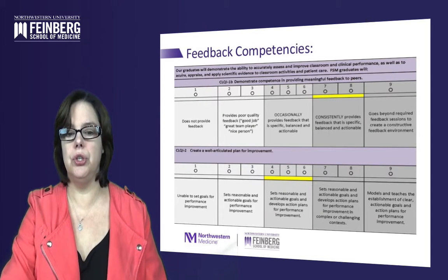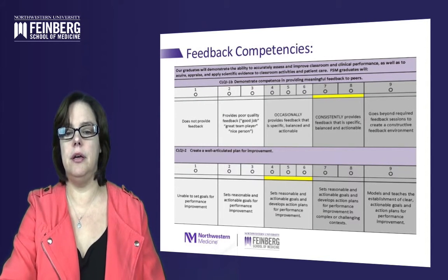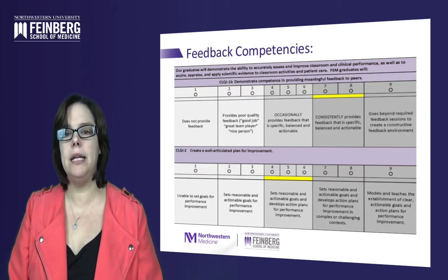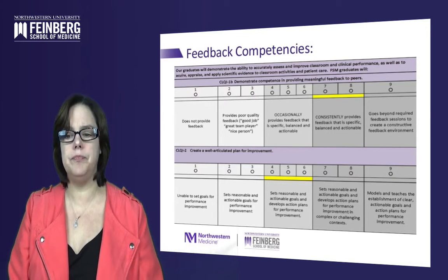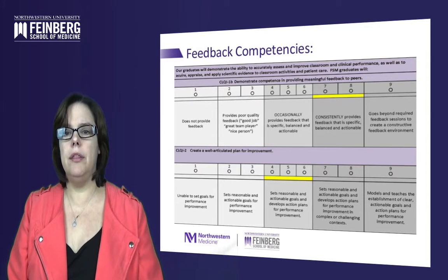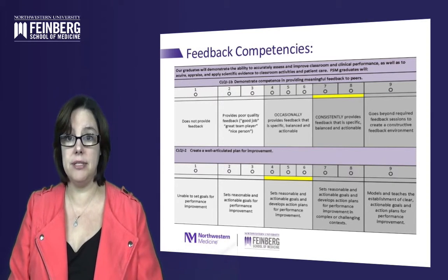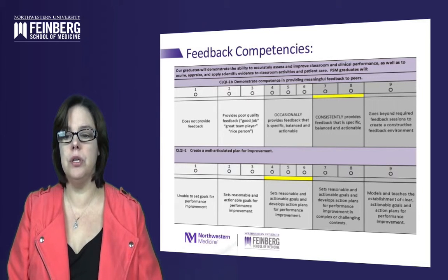So looking closer at the feedback competencies, the yellow highlighted area is the area that we expect students to be functioning at their level of training. So this is the benchmark for their level for this competency in this course.